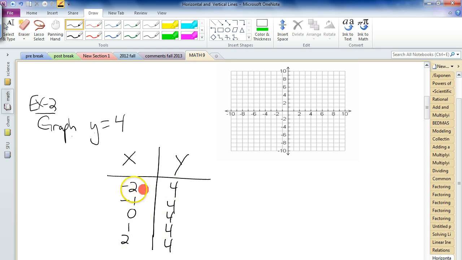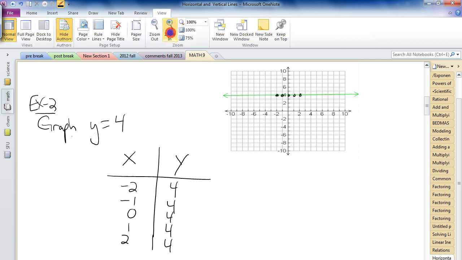So how does that look on a graph? -2 on the x, y is 4. -1 on the x, y is 4. 0, 4. 1, 4. 2, 4. And oops, there is your line right there.